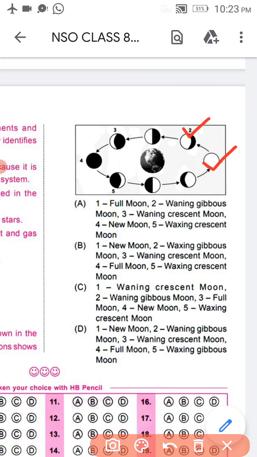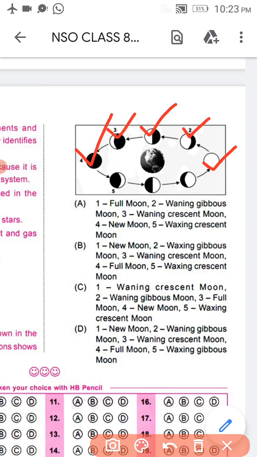Number 3, waning crescent moon. Number 4 is the full moon.